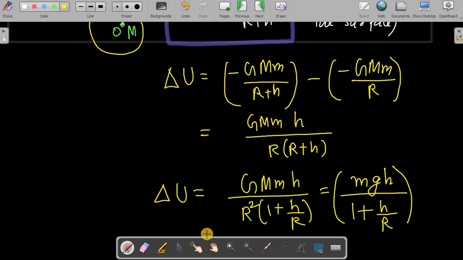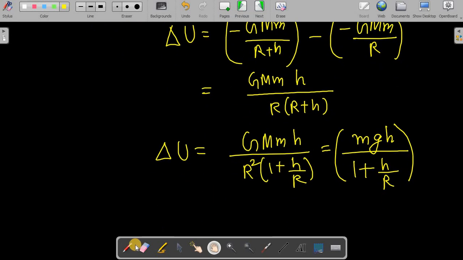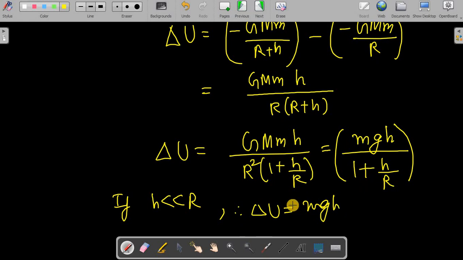Now, the change of potential energy when you lift a body from the ground to some height h is this formula. If h is very small compared to R, then the change of potential energy is just mgh, because you neglect h in the denominator. This is what we generally use, because we take the ground as the zero level.